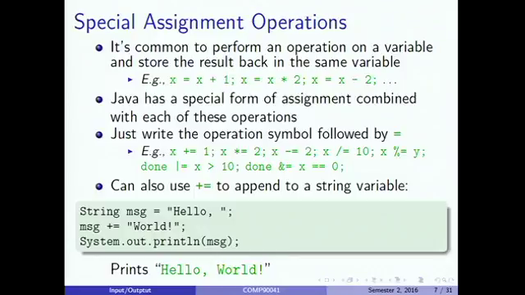X minus equals 2. X divide equals 10. Even x percent equals y. You're probably not going to do that very often, but hey, I've seen it. You could do it. It also works for the vertical bar and the ampersand, but not double vertical bar or double ampersand.